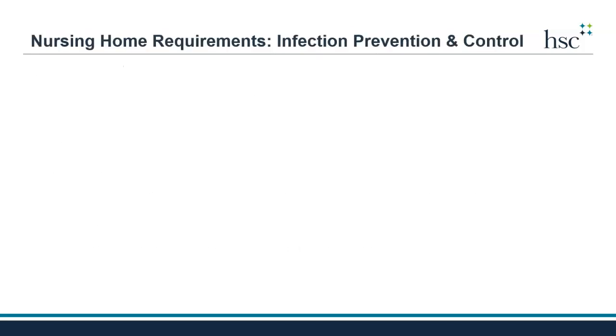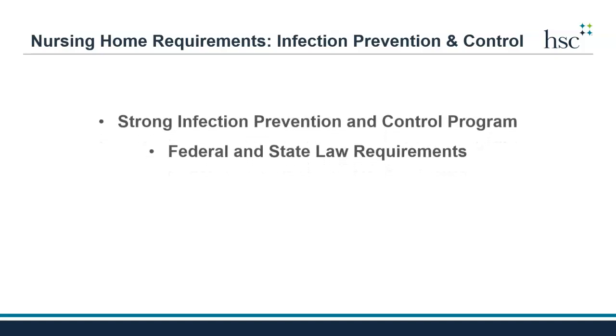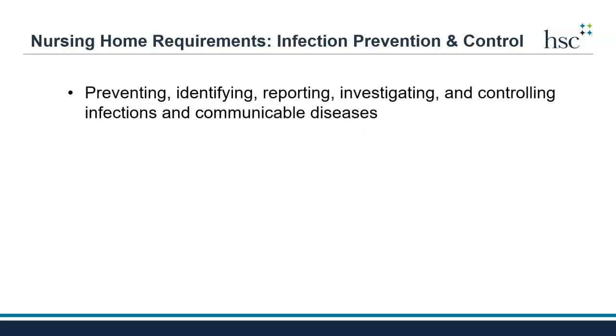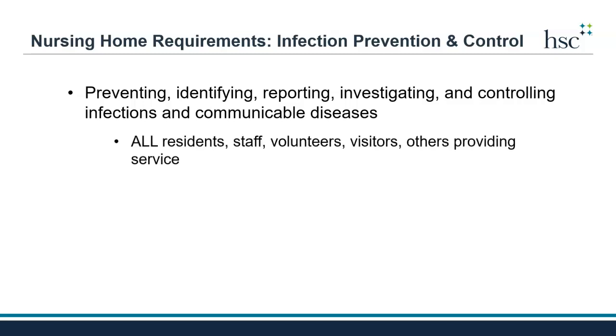Having a strong program in place to prevent and control infections is a major step in providing quality care in nursing home communities. Federal and state law requirements provide information to nursing home communities so they may have an infection prevention and control program which has a system for preventing, identifying, reporting, investigating, and controlling infections and communicable diseases for all residents, staff, volunteers, visitors, and other individuals who provide services.